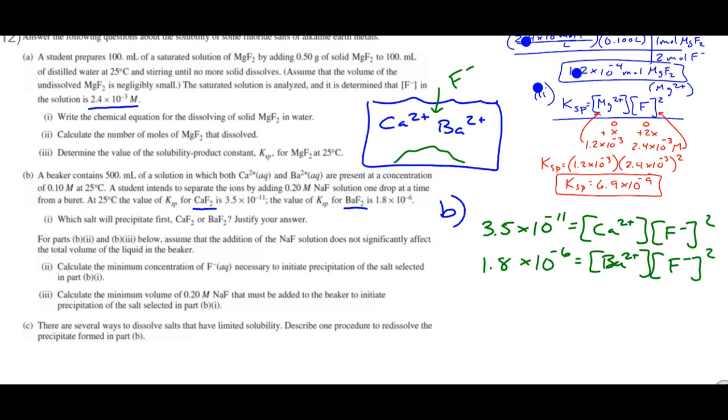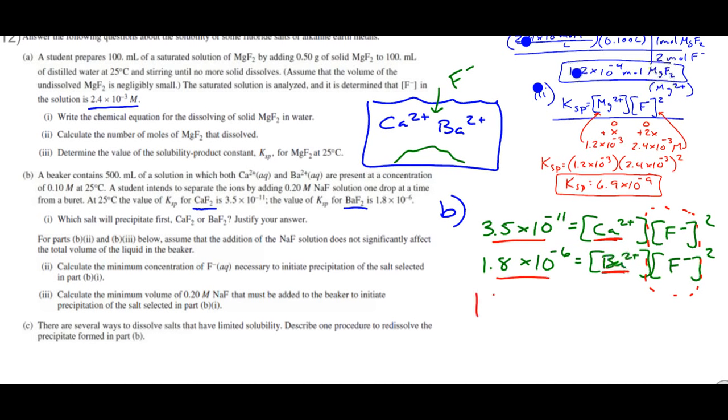Okay. So what it's asking is which one will precipitate out first. What you need to notice is that they said that both of these concentrations were exactly the same. So it only matters about F. And if you're adding these both exactly at the same time, eventually these values are going to equal these numbers.